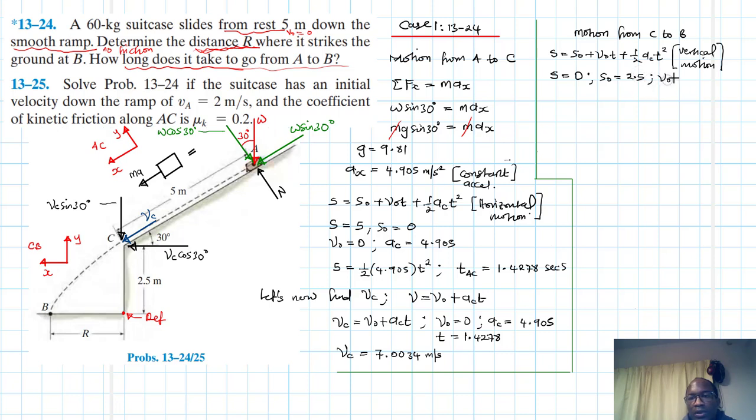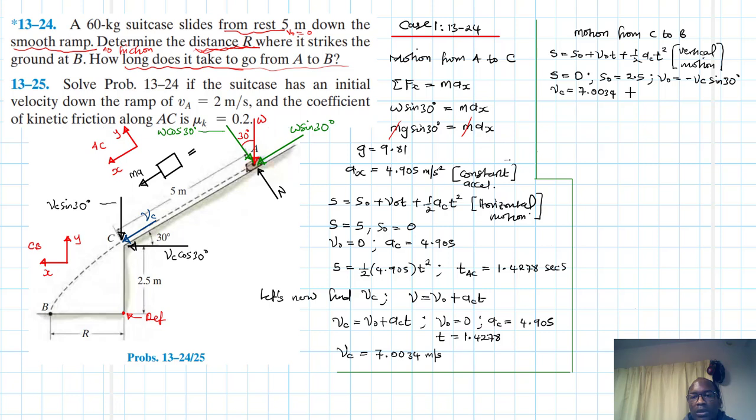Then V naught is equal to minus VC sine 30, and VC itself is just equal to 7.0034.